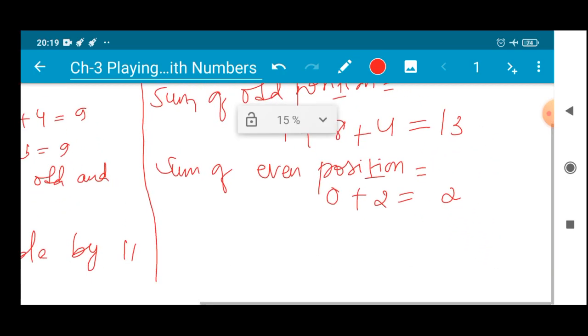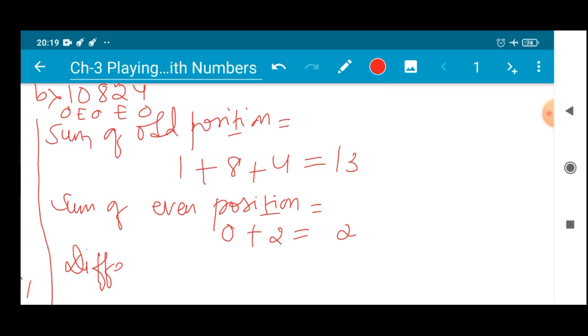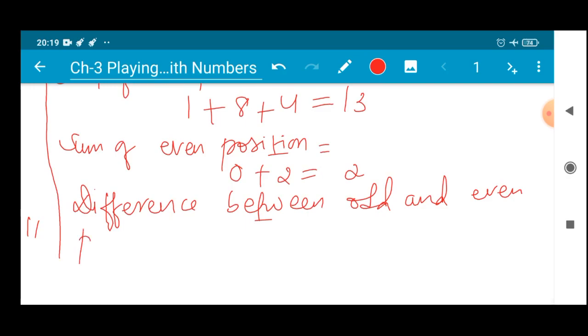Now, after this step, what we have to do is find the difference between odd and even position.